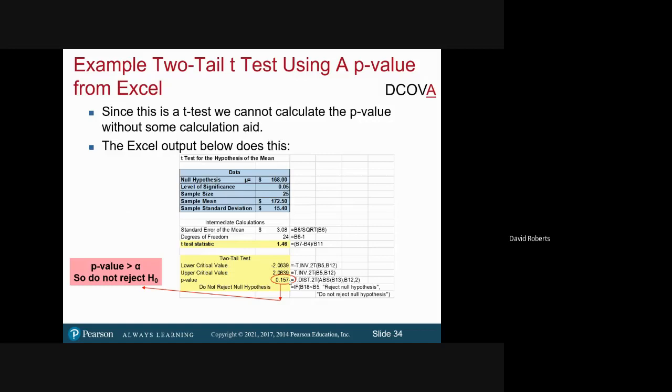It even gives you the if statement: if the p-value is less than the level of significance, you reject, and the other conclusion is do not reject. I've even had some websites that will actually give the answer.